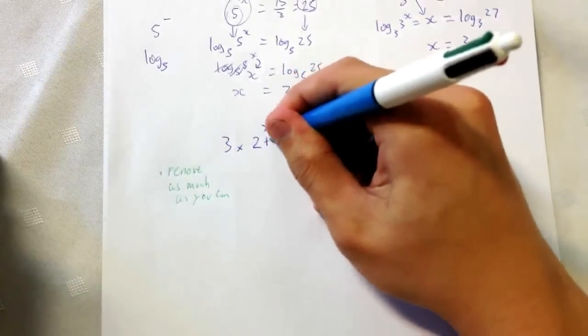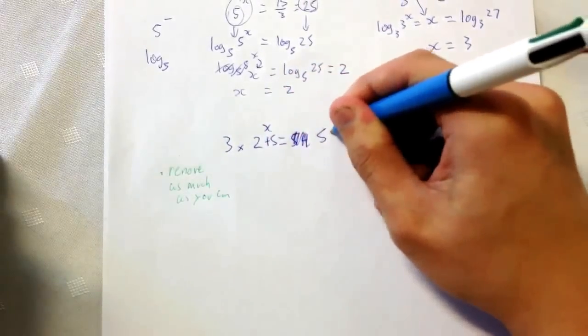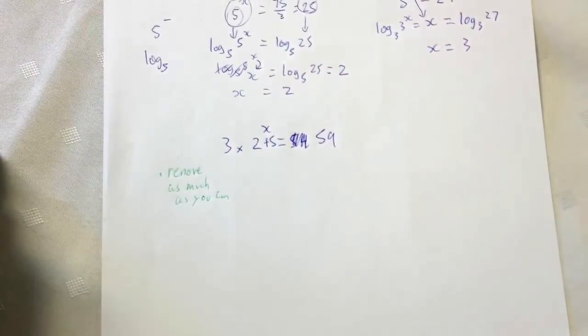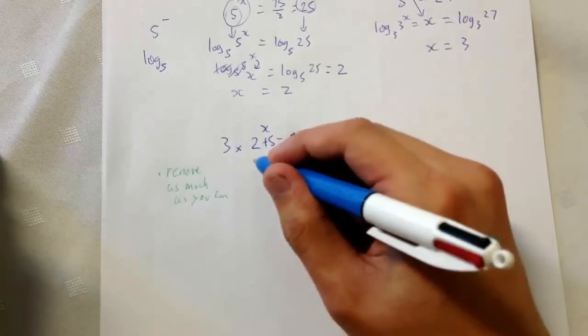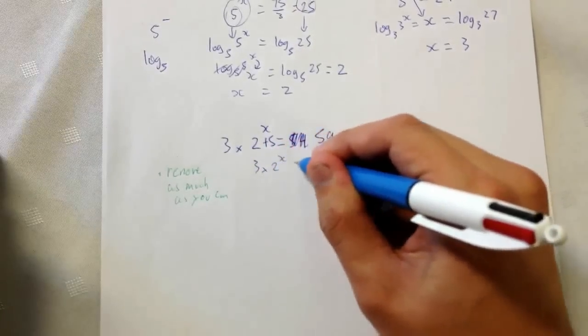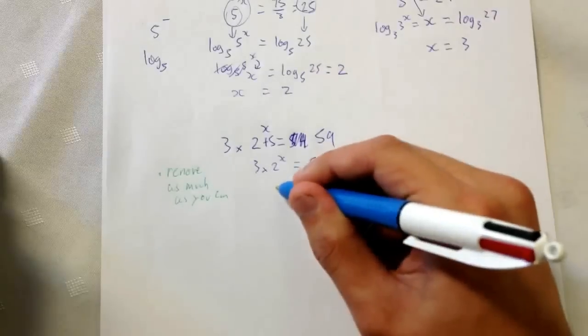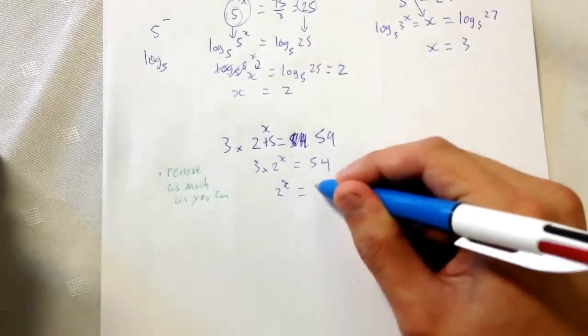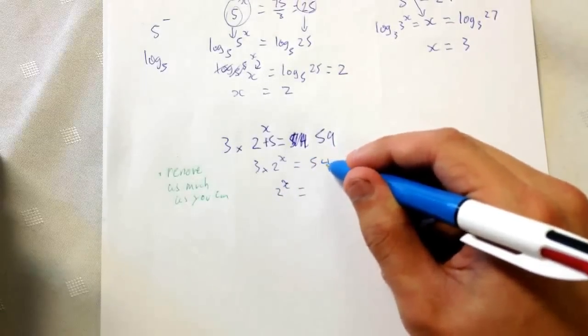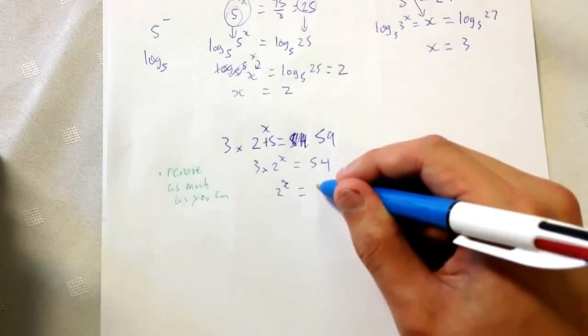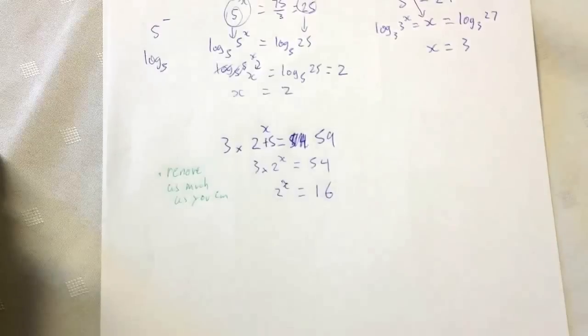Let's make that plus 5, and let's make this 59. So what we need to do is remove the 5 first, so we get 54, and then we can divide by 3 to get, what's that divided by 3? I think it's 16, yeah, 16.